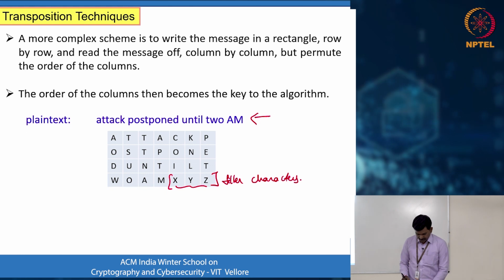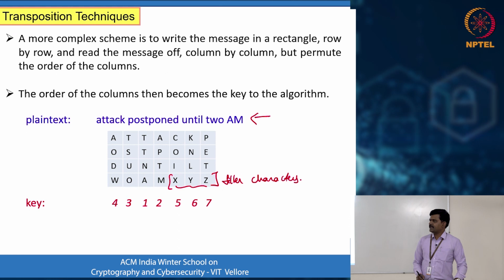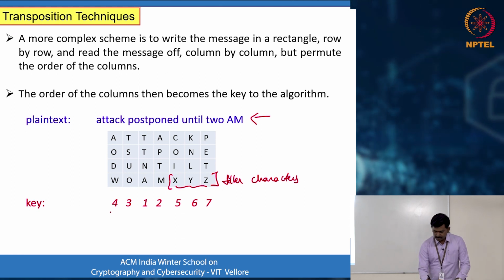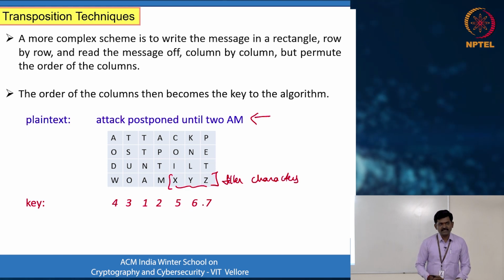Right? So then what I do? Pick the key. I pick the key. So this is my key: 431257. So that means what would be my cipher text?